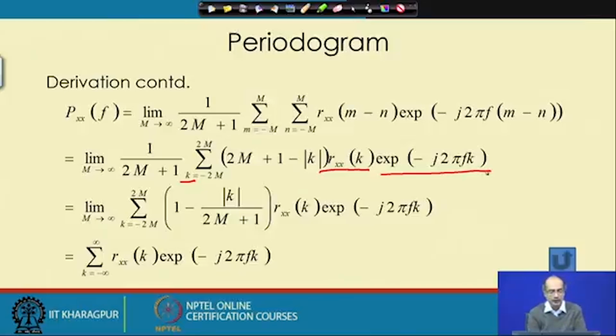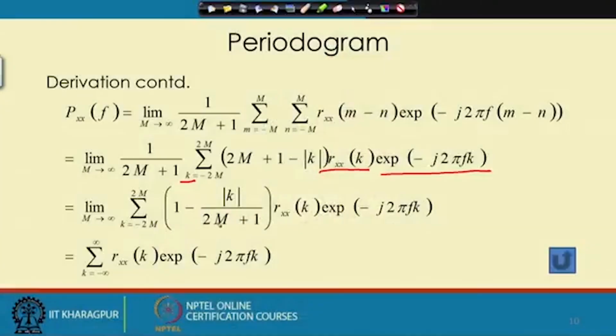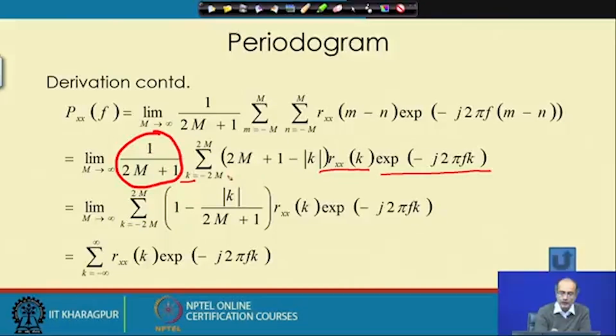And here one thing that we need to keep in mind, that f is actually a continuous variable. We are getting a continuous spectra. If we get spectra, in that sense, what we are supposed to get for the classical definition using autocorrelation function. Now, in the next step, what we do, we take the term 1 by 2m plus 1 inside and we combine with this scaling 2m plus 1 minus mod k.